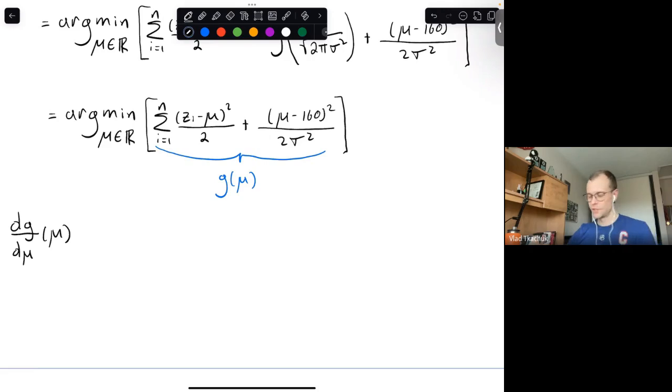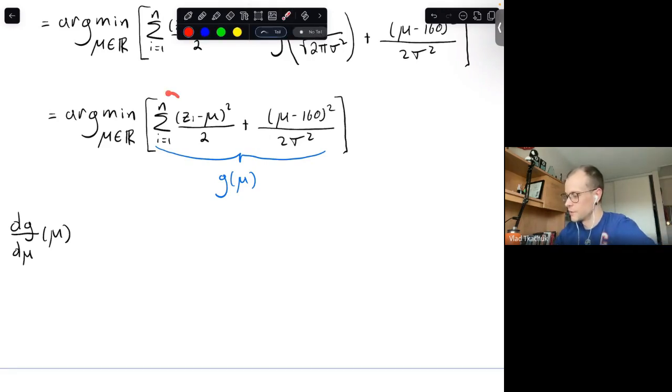Okay. So we've already done the first derivative of this guy from last class. And that just becomes, so the 2 comes out, right? And then you're left with this term, and then the 2 cancels out with this. So you have the sum from i equals 1 to n of just z_i minus mu. Now we have this new term.